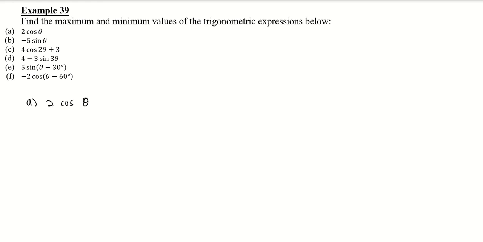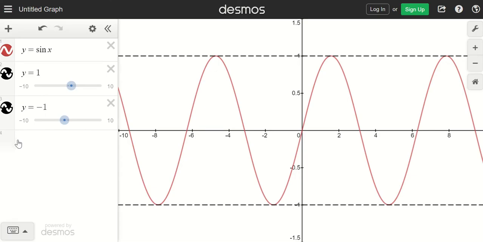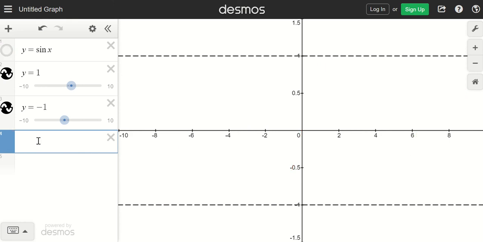Alright, so to find maximum and minimum, what we do, we just substitute cos theta here with 1 and -1. Okay, but why we want to substitute cos theta equals to 1 and -1? Alright, this is because if we look at the graph for sine and cos, okay, so let's say I sketch the graph for function cos.